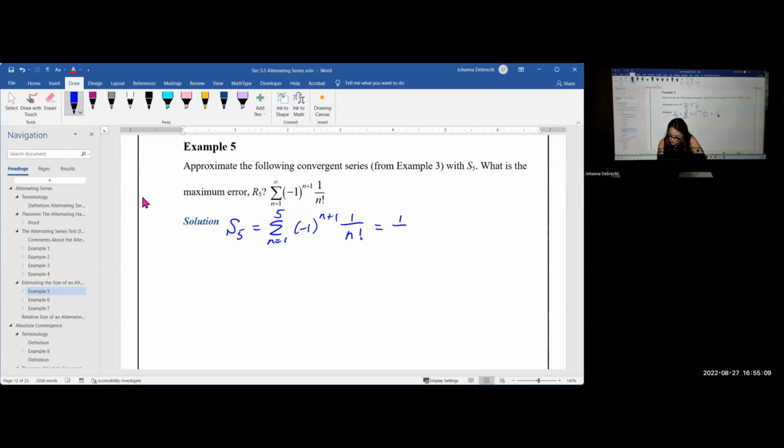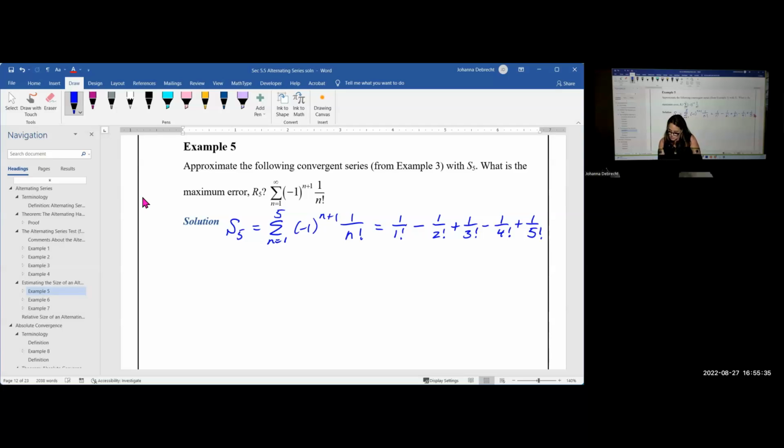So we have 1 over 1 factorial, and then we have an alternating sign. So the next one's negative, 1 over 2 factorial, then positive 1 over 3 factorial, negative 1 over 4 factorial, positive 1 over 5 factorial, and we stop, right? We're taking the sum of the first 5 terms of the sequence.